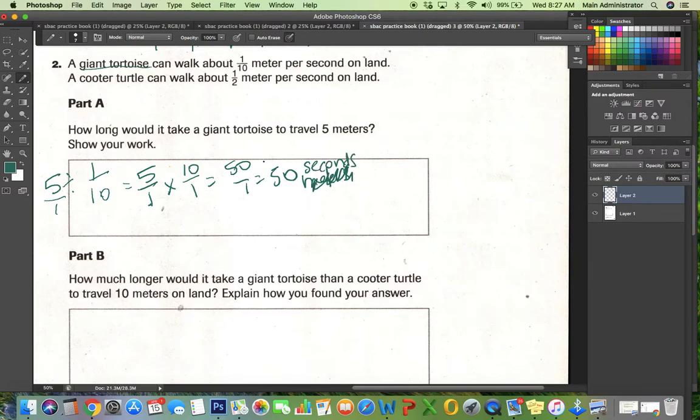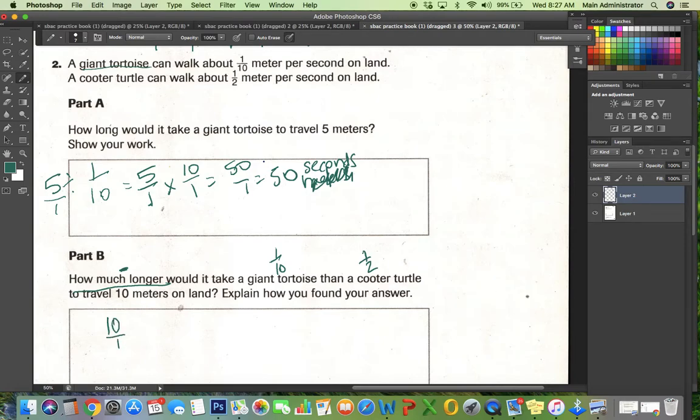Okay. Now, how much longer would it take a giant tortoise than a cooter turtle? How much longer means I'm going to subtract. How much longer would it take a giant tortoise, who does 1/10 of a meter, than a cooter turtle, who does 1/2 a meter in a second, to travel 10 meters on land? Okay. So I have the cooter turtle, and we're doing 10 meters.